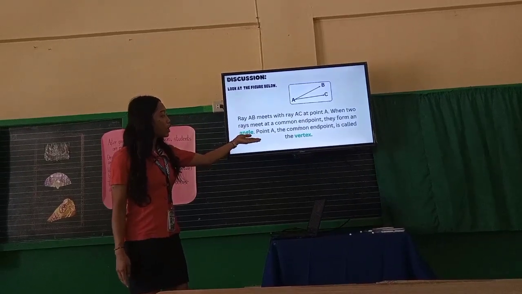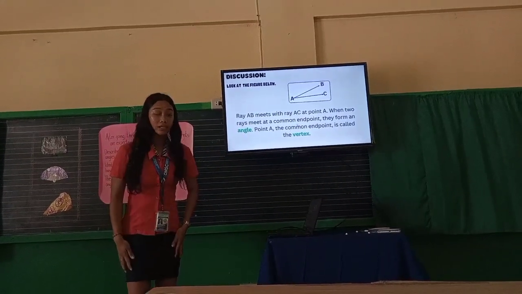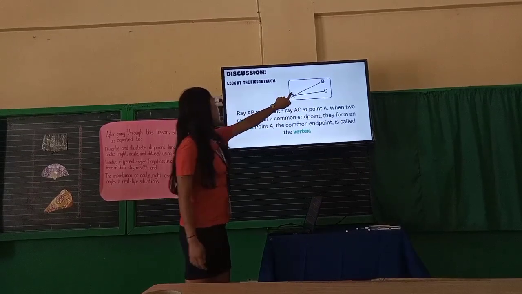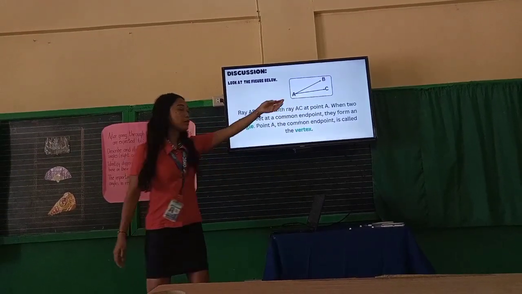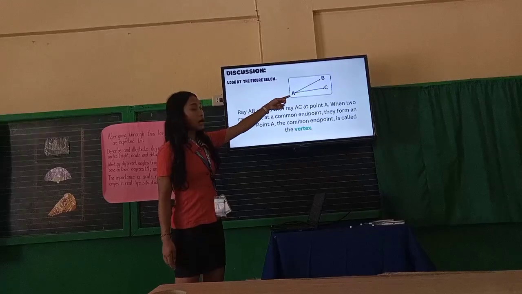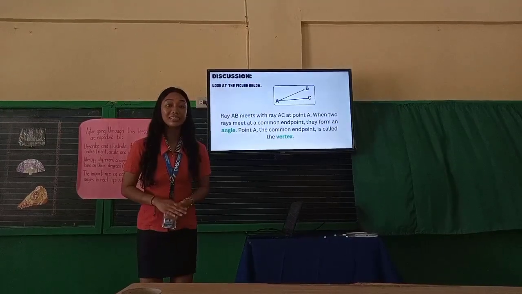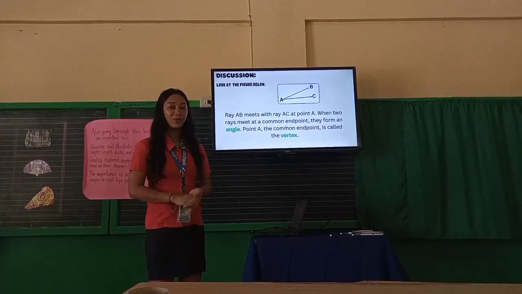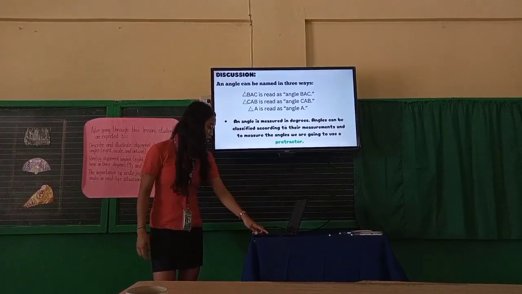Point A, the common endpoint, is called the vertex. A is our vertex. Did you understand, class? Do you have any questions? Alright, let us proceed.